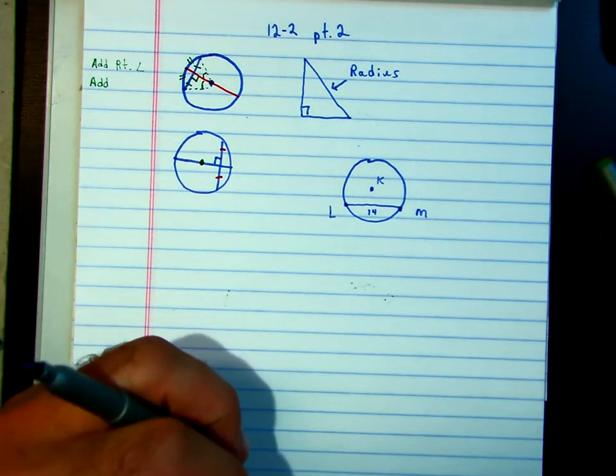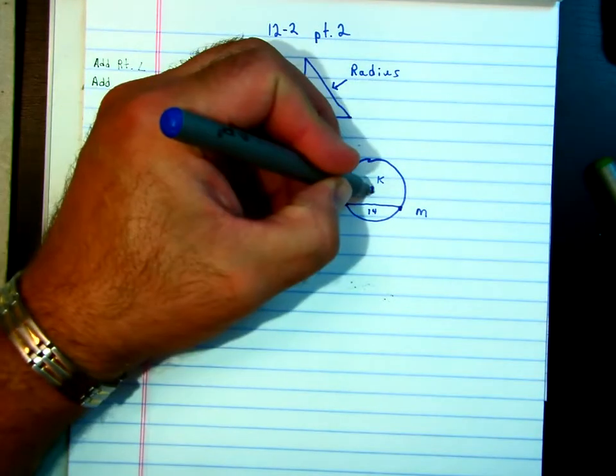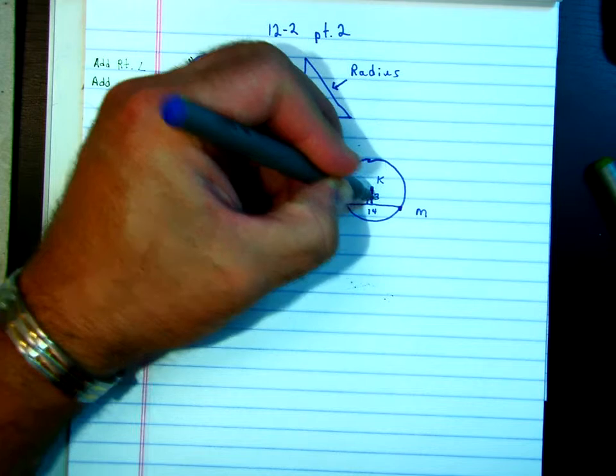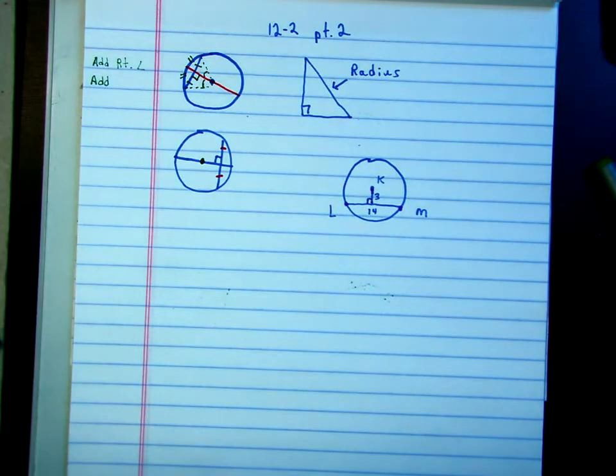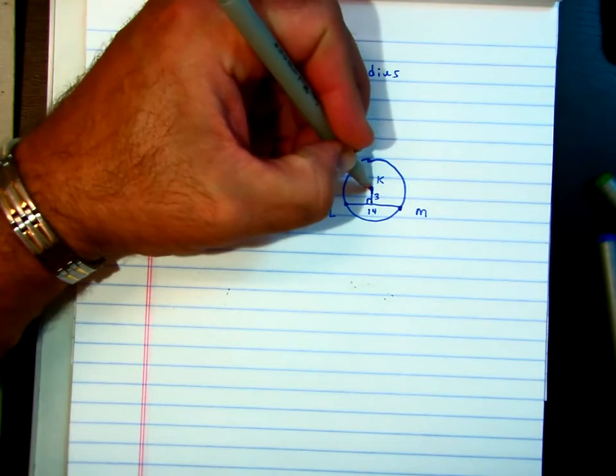And then I go ahead and tell you that this segment here is 3. All right, so now you're looking at that picture and you're going, okay, what could the question be? Well, the question is going to be, what is the length of K to L? Okay. And that would be, what is this length?